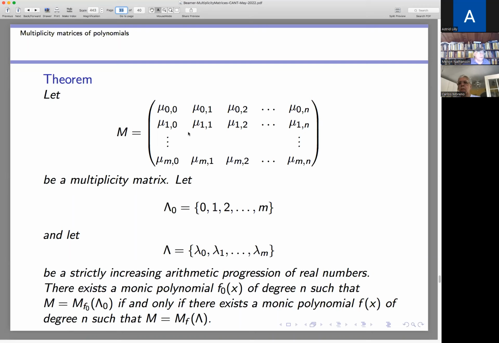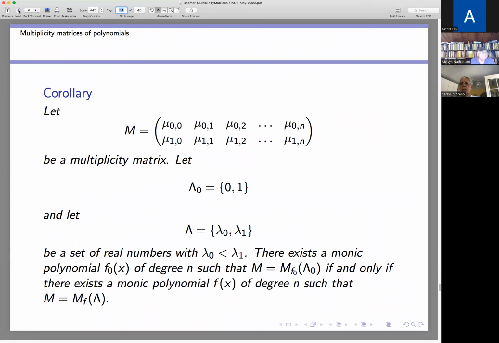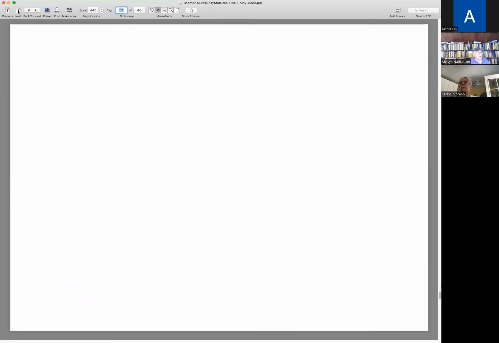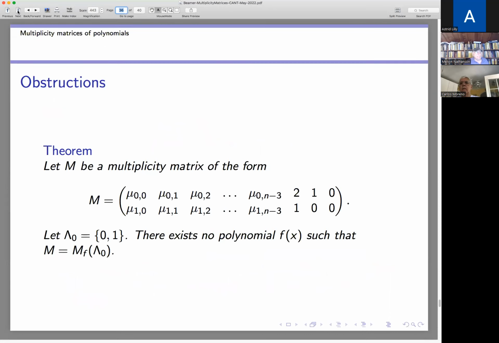Then this is the multiplicity matrix for a polynomial f with respect to this set if and only if there exists another polynomial for which this is the multiplicity matrix with respect to this arithmetic progression. And there are a number of results of that sort. In particular, if you're only looking at matrices with 2 rows, any set of 2 different numbers is an arithmetic progression. So for matrices with 2 rows, it's a multiplicity matrix for a polynomial with respect to some set lambda if and only if it is with respect to just the numbers 0, 1. So for 2-row matrices, you only have to look at 0, 1.